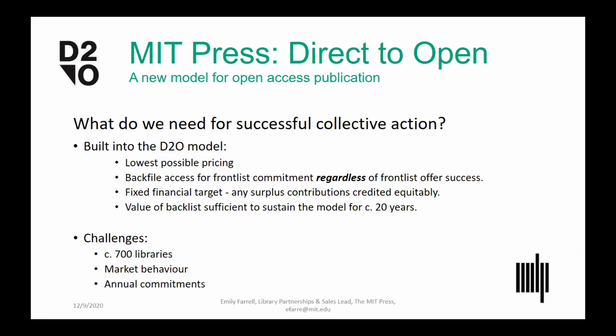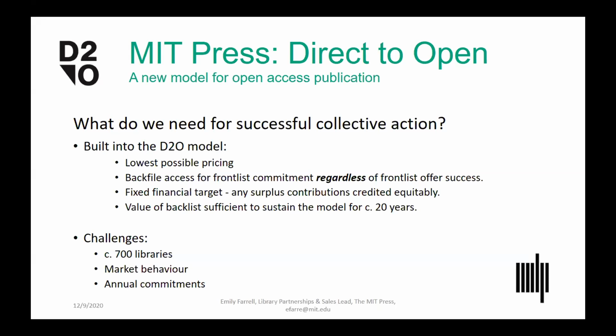It allows smaller associate level colleges, for example, the ability to support the model at around 39 cents per book. One particularly appealing incentive is that libraries that commit their support next year will receive access to the back file regardless of whether the front list offer is actually successful. And so we have a fixed financial target with the surplus being credited for the future.